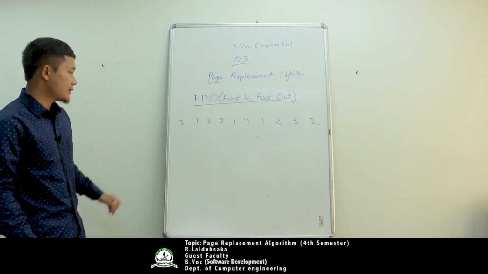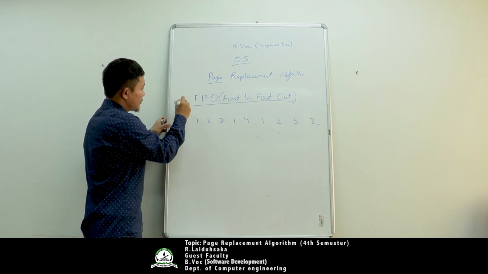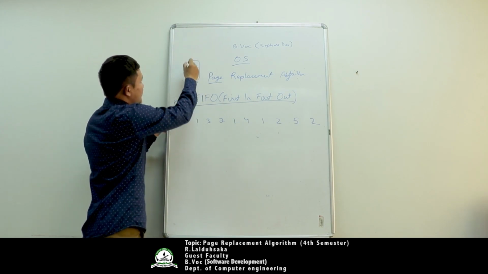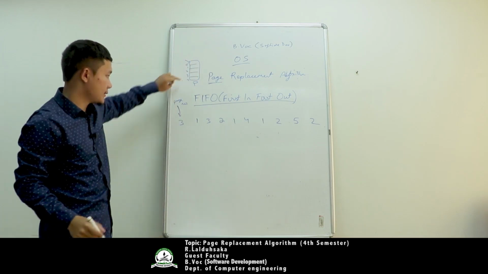This reference string, each of these is a page number. We know that this is a process, and these are pages 0, 1, 2, 3, 4. This 3 is this page.